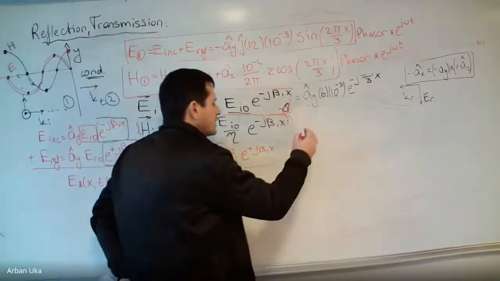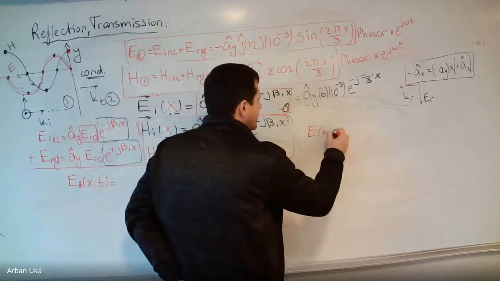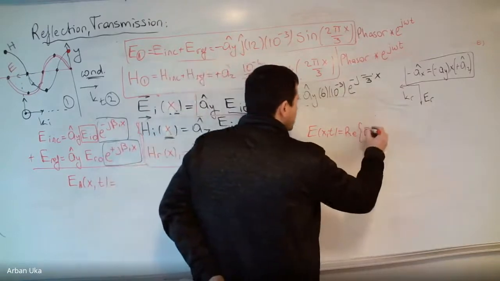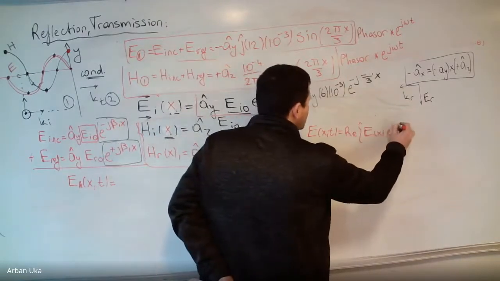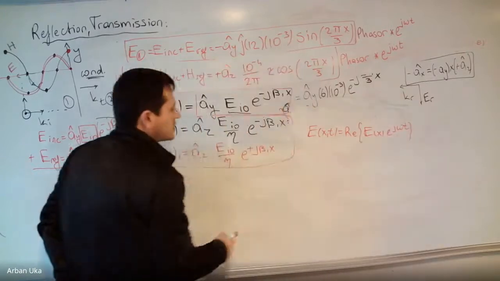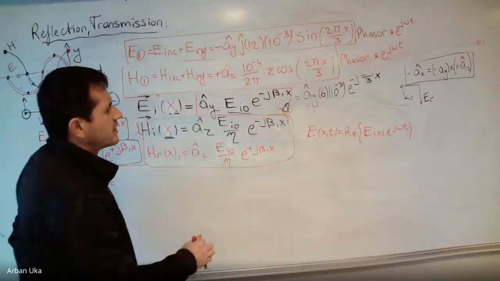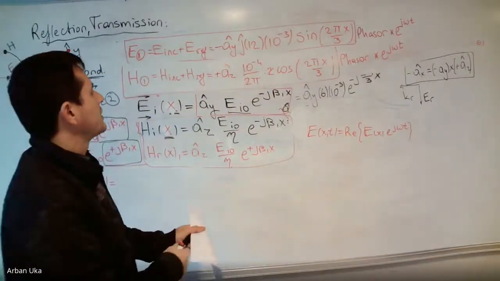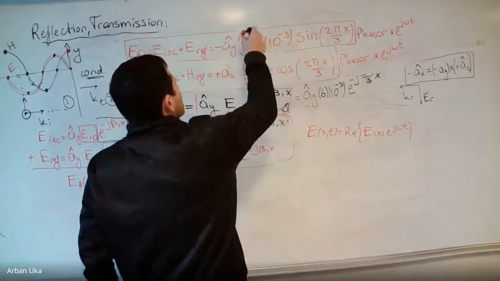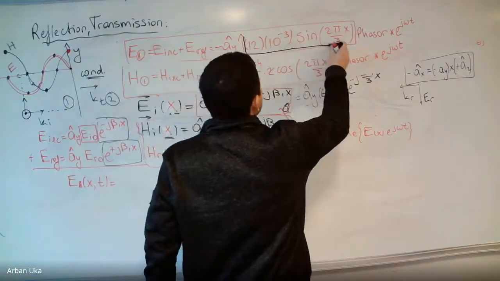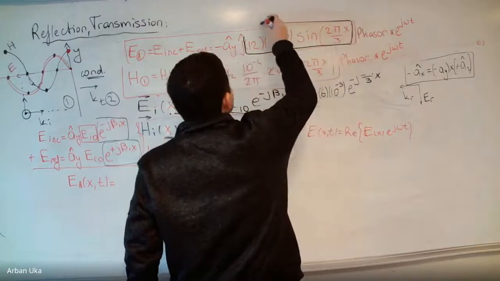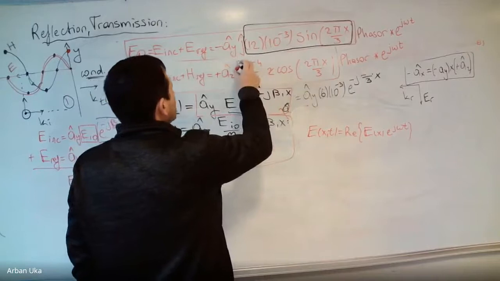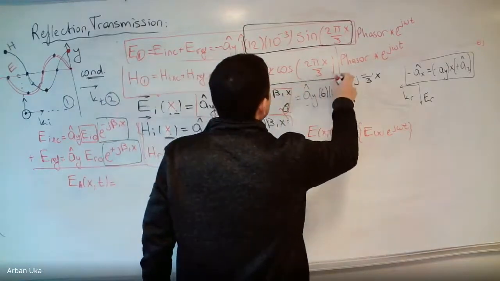Because we always know that E as a function of x and time is equal to the real part of E as a function of x times e to the power j omega t. From the real part, we can take out the constant terms, like this 12 times 10 to the power minus 3 sine. This is the real component.